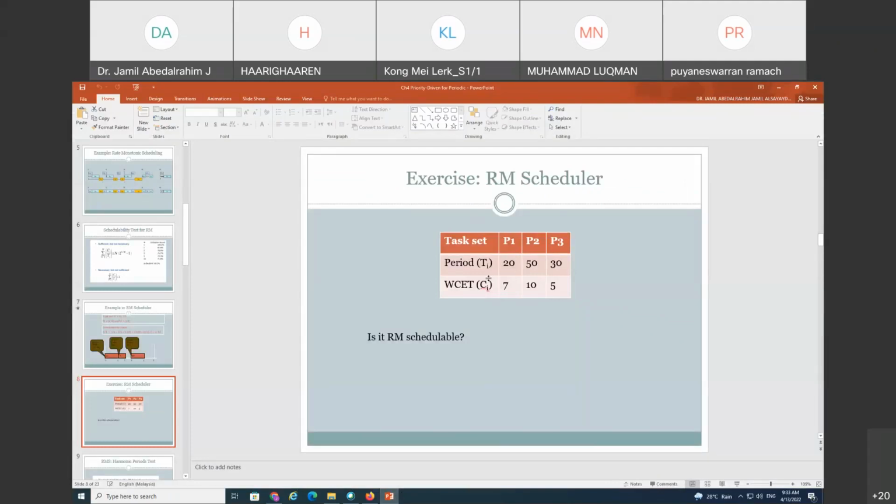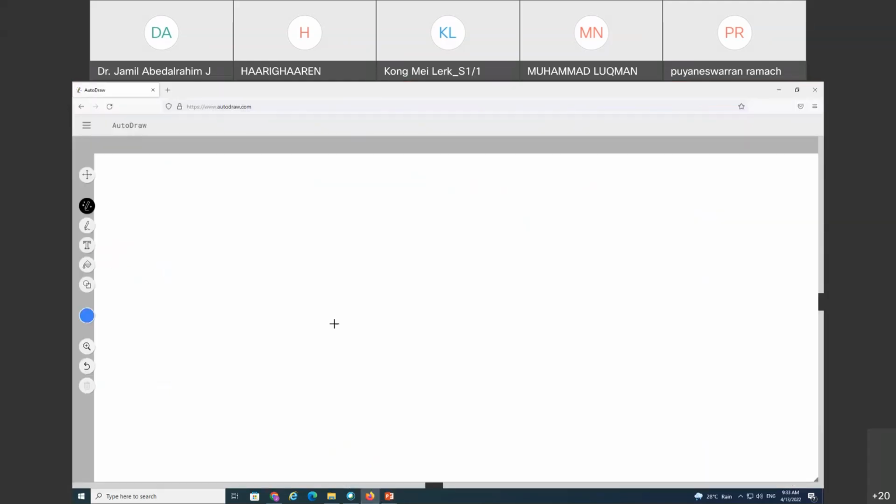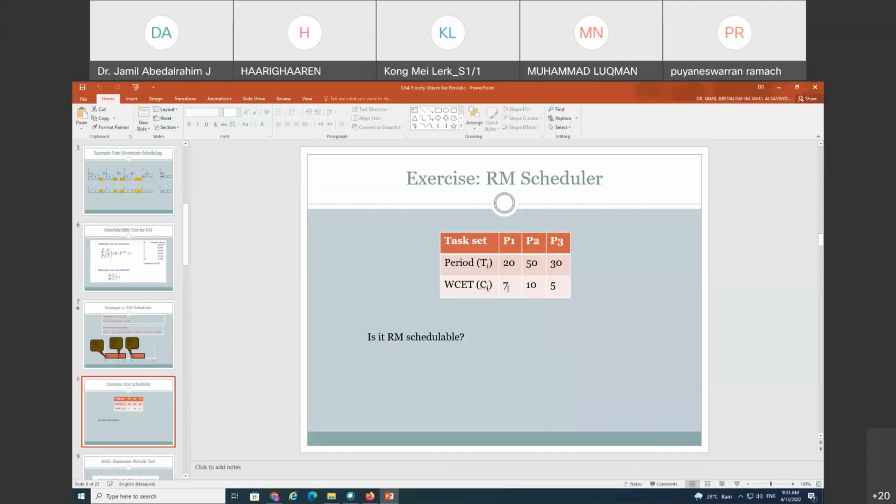Here we have 3 tasks: 7/20, 10/50, and 5/30. We divide the capacity by the period, because we need to find the utilization: 7 divided by 20, 10 divided by 50, and 5 divided by 30.